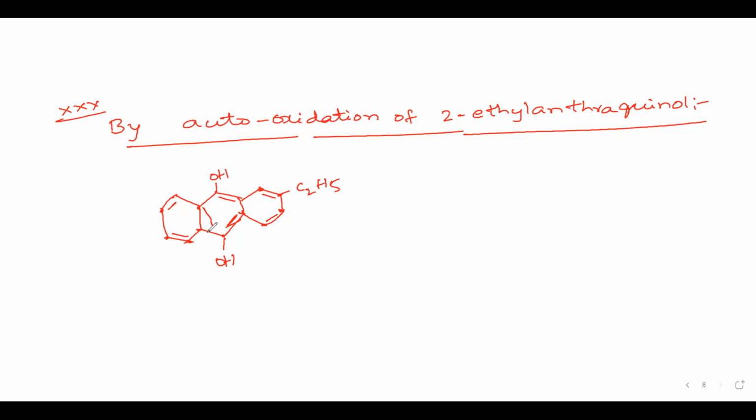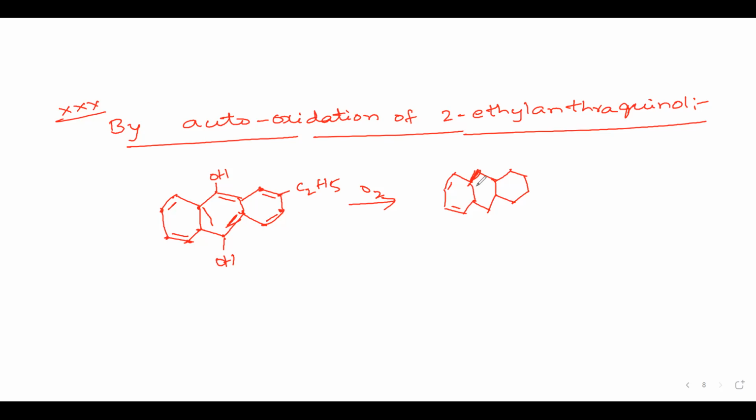Quinol means 2 OH groups. On oxidation, which means addition of oxygen gas, it forms the same compound, three benzene rings fused together, but only the hydrogens will come out of this.